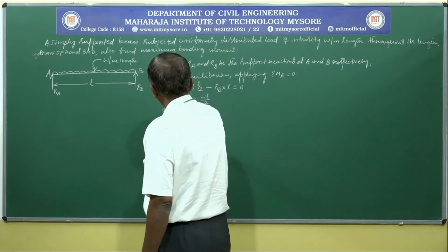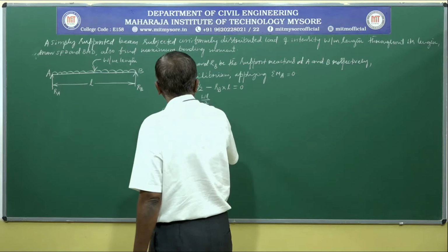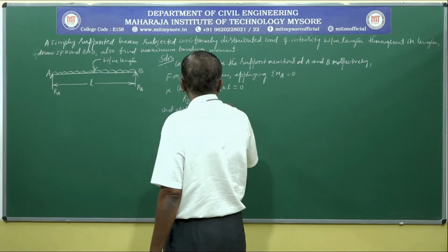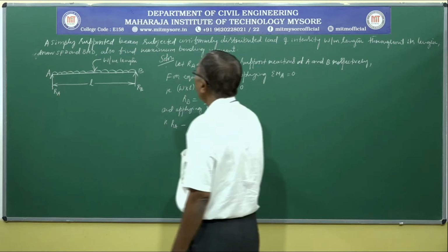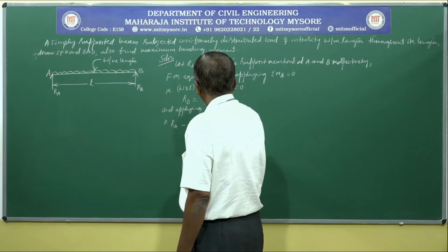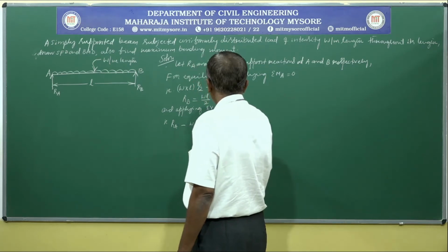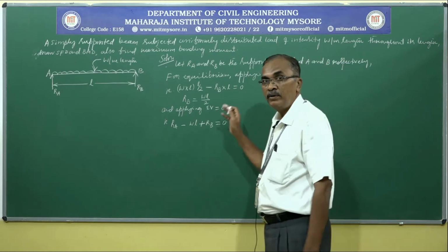and applying sigma V is equal to 0, that is RA minus W into L plus RB is equal to 0. Two reactions and one UDL.